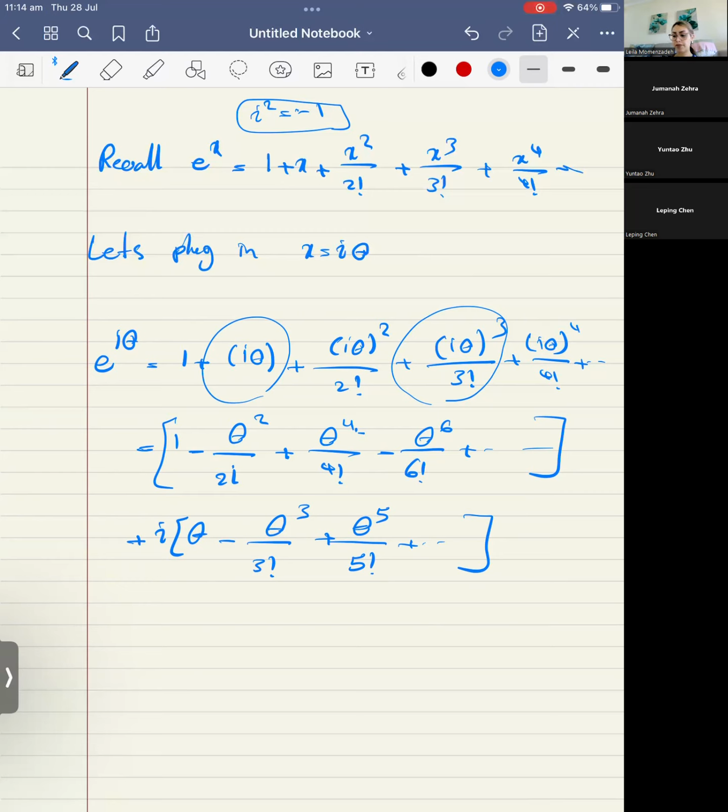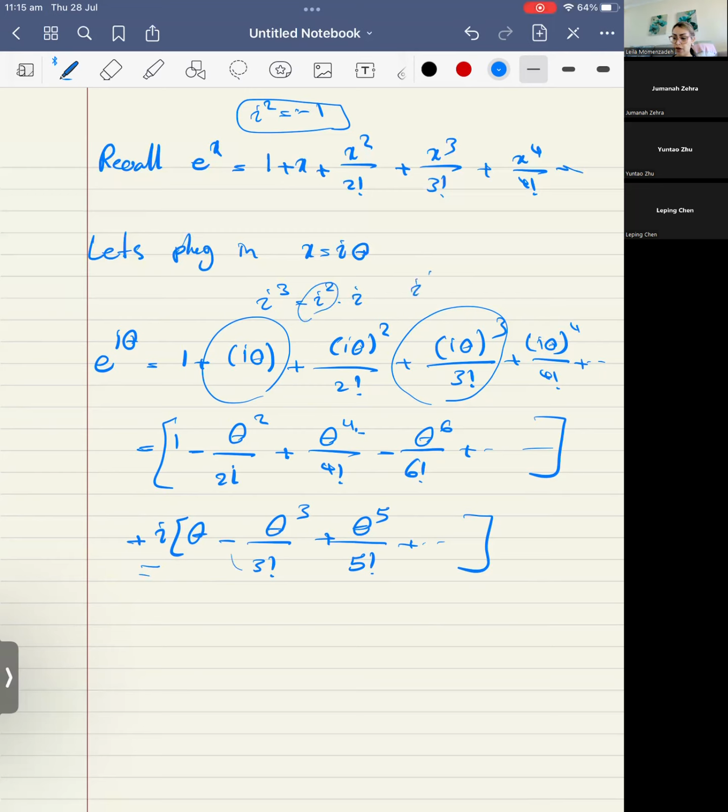You know that i squared is equal minus 1. But i power 2 you can write as i squared times i. For example, I factorize i here, remain i squared inside, yes, and it is minus 1.